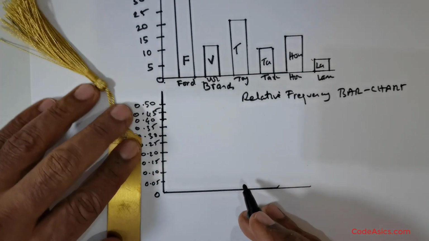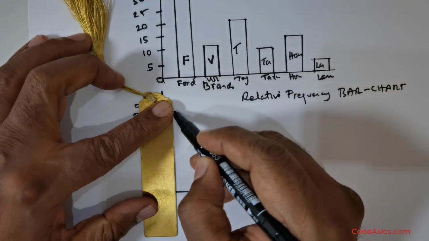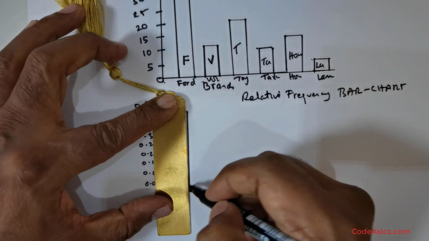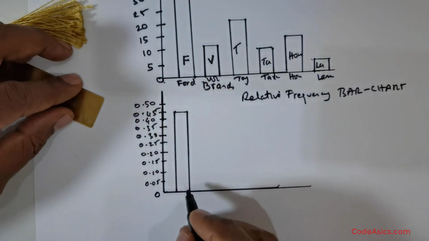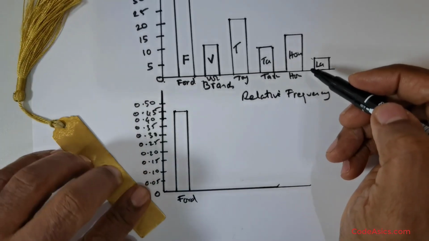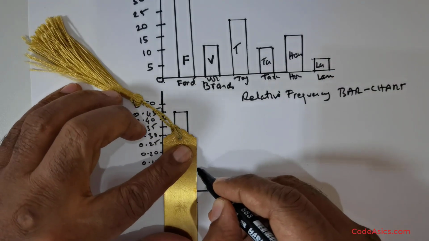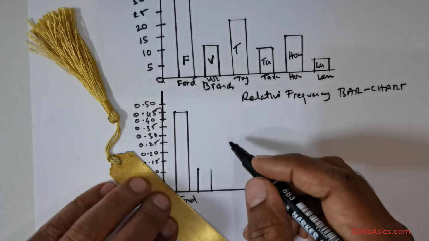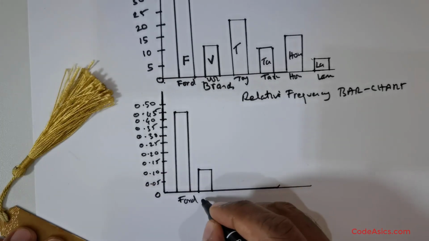So Ford is 0.45, so that is over here. So I can just mention here Ford, and Volkswagen is 0.10, so that's going to be over here. Volkswagen. So I hope you're watching this.